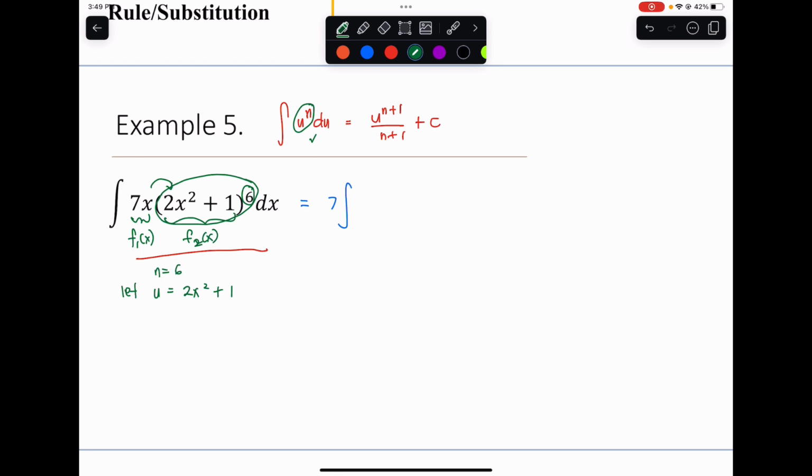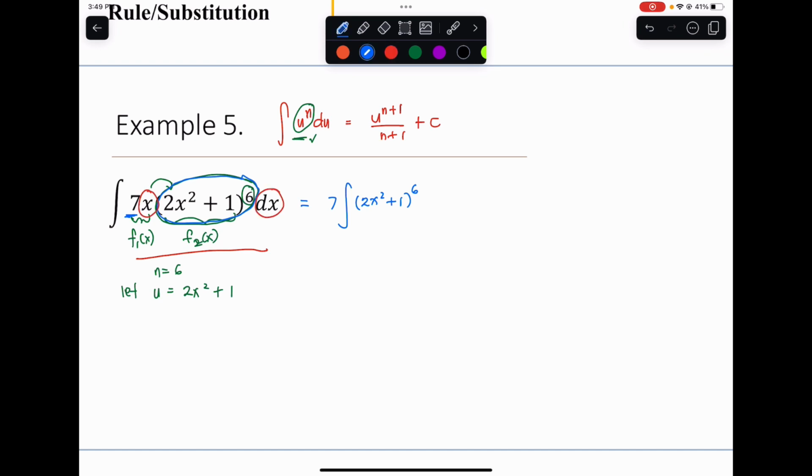Thus, I'm going to write first the u raised to n, which is (2x squared plus 1) raised to 6. And then 7 was moved out, so what remains is the x and the dx.